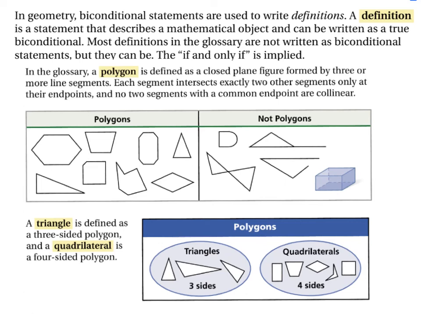You could say, if a figure is a triangle, then it is a three-sided polygon. That's true. I could then write a converse. If a shape is a three-sided polygon, then it is a triangle. We have just shown you that this definition is actually a biconditional statement.